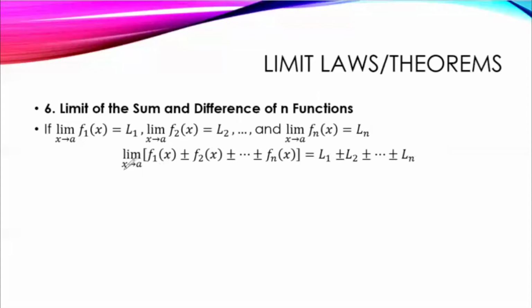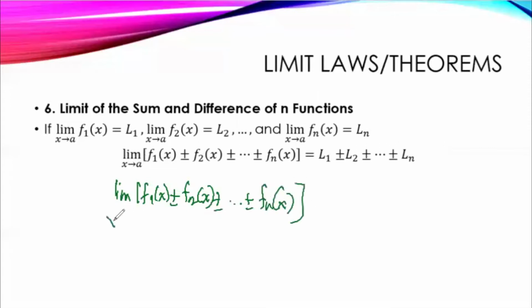Now, how did we get this? Take note that the limit of f sub 1 of x plus or minus f sub 2 of x plus or minus up to f sub n of x as x approaches a can be written as what? We can distribute the limit to each function, like having the distributive property.